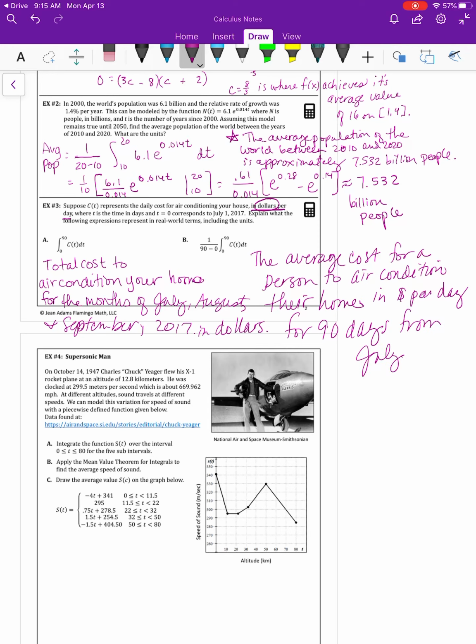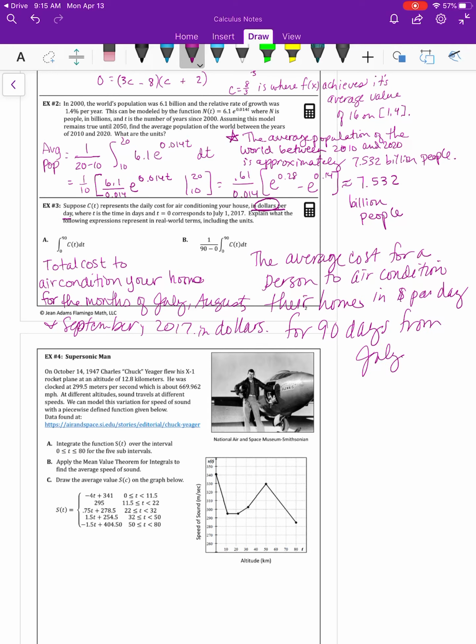So this one's going to be 295t from 11.5 to 22. So 295 times 22 minus 295 times 11.5. Put that in your calculator: 3097.5.